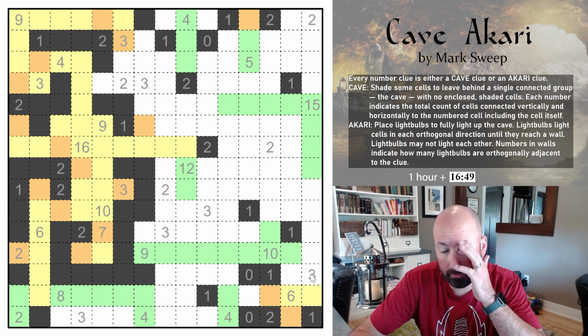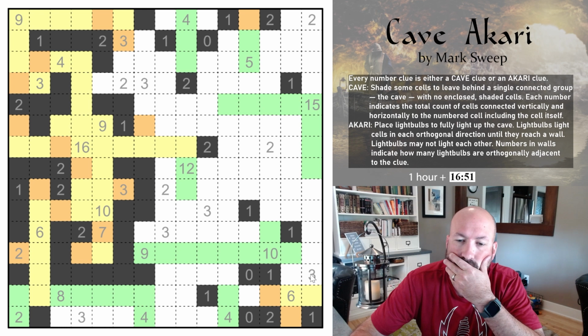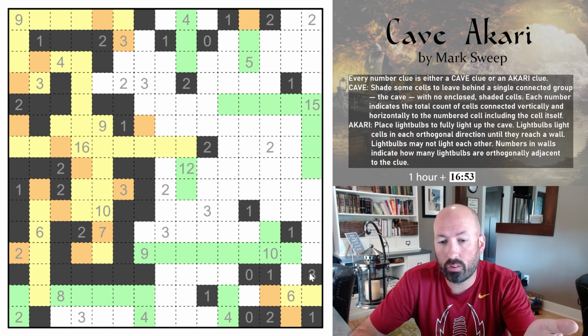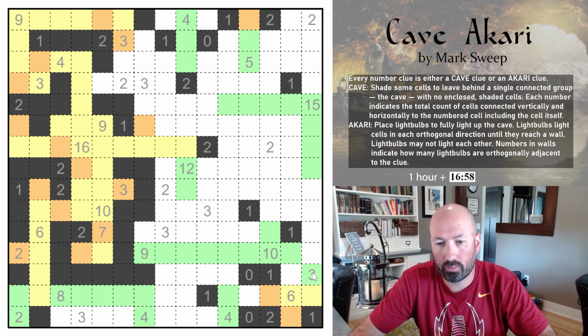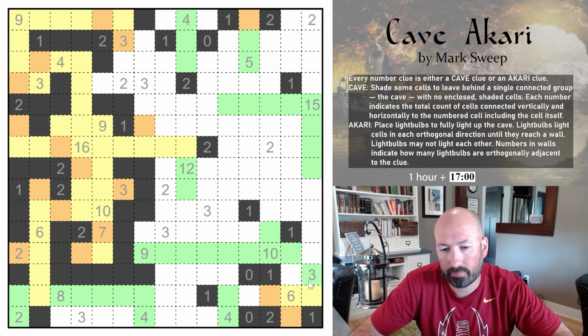Now the 3. Right, and now the 3 can't be wall because you can't put a light down here. You'd have to have a light on all 3 sides. So this has to be part of the cave. Now, it could connect up there like that.